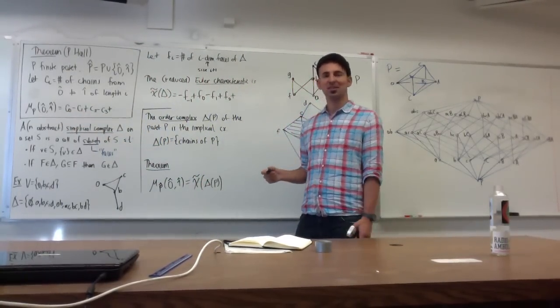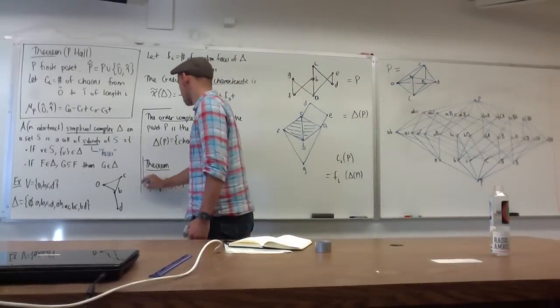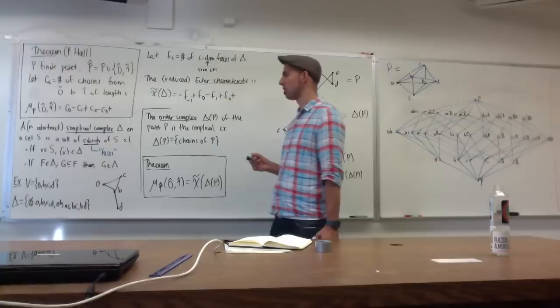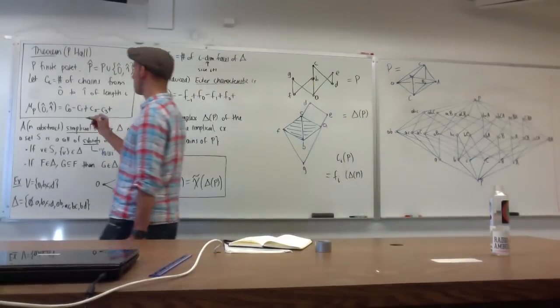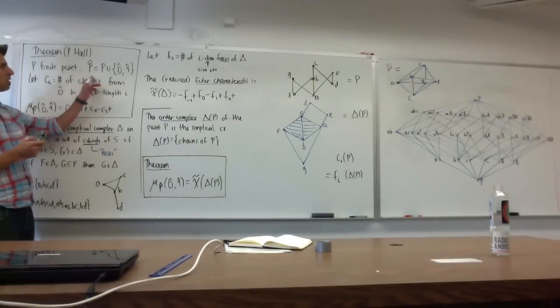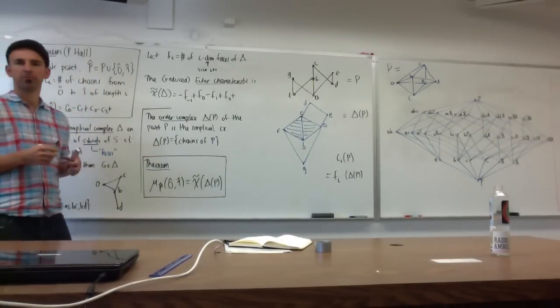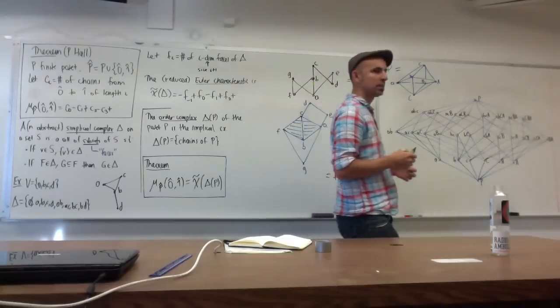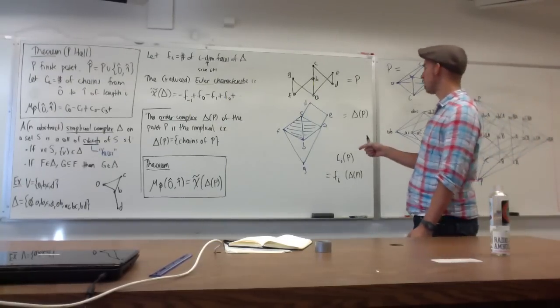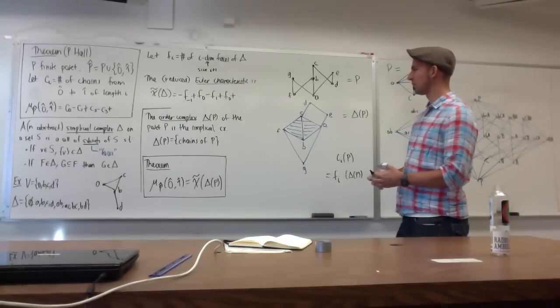Question? So that is the Mobius function for p hat. Oh yeah, sorry, this was the Mobius function for p hat. Because I'm going from 0 to 1, and those are in p hat, but not in p. So does that matter that we don't have a 0 and a 1 element in our p over there? So what you would start with and then add the 0 and 1 element, you're saying.